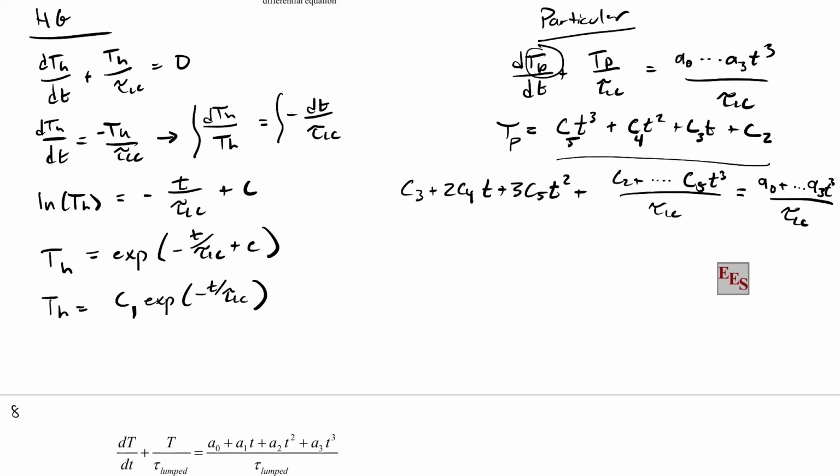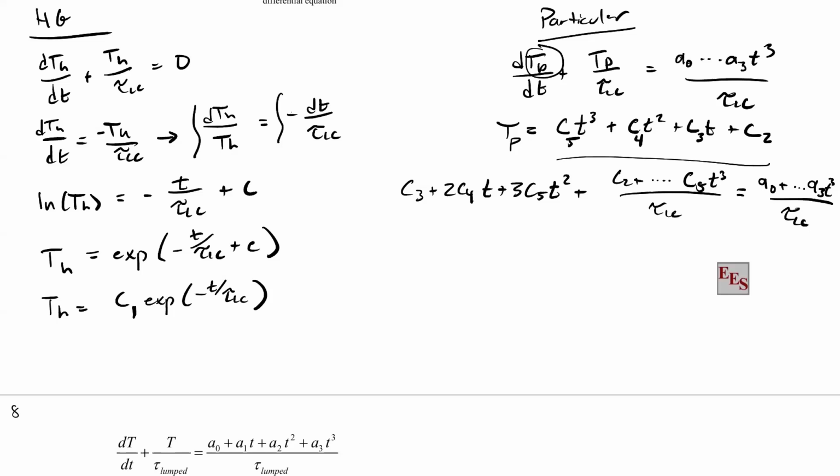Okay, so now we've got five unknowns, and we certainly only have one boundary condition. So how do we solve this? Now we're going to use the idea that this equation that I wrote out has to be true for all values of time. If I pick some value of t and plug it in, this equation has to hold.